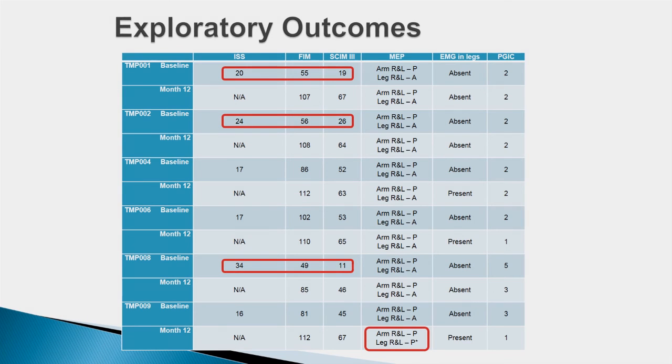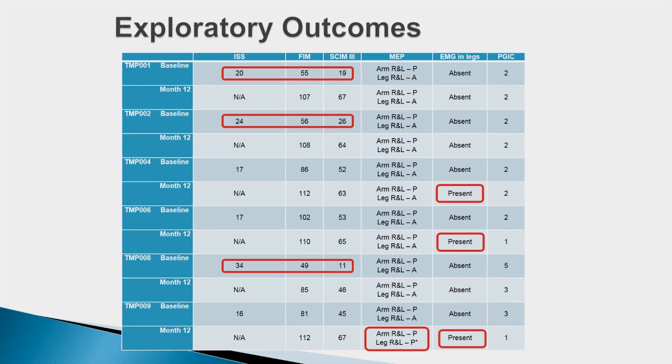If we look at subclinical connectivity via electrophysiological data, the person TMP009 that also converted to an AIS-B also gained some electrophysiological activity in his legs. So that's below his level of injury.